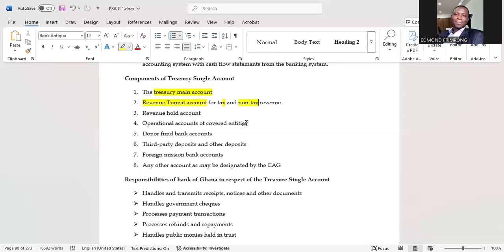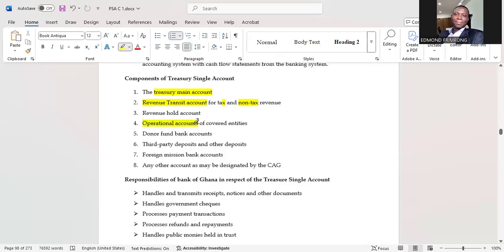We are saying that it has a revenue holding account. So an account in which revenues are temporarily deposited for onward transfer to a main account. Then it has operational accounts.